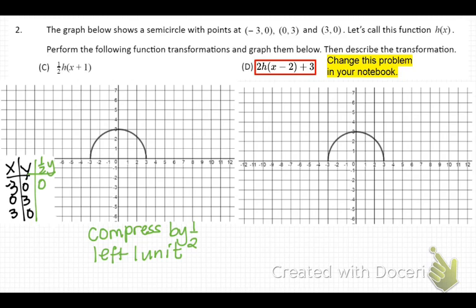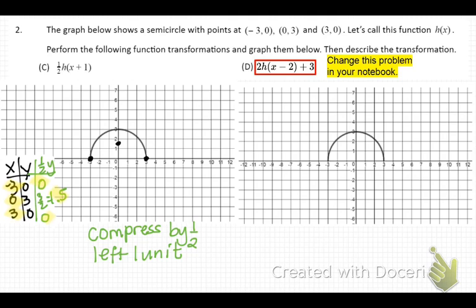What is 3 times 1/2? 1.5, or 3/2. And what's 0 times 1/2? That's 0 again. So here are my new points to graph. Now, I'm going to put those on the graph first, just so I have a new starting point. So I'm at (-3, 0), (0, 1.5), and (3, 0).